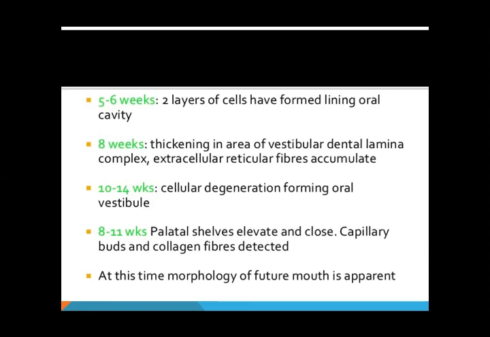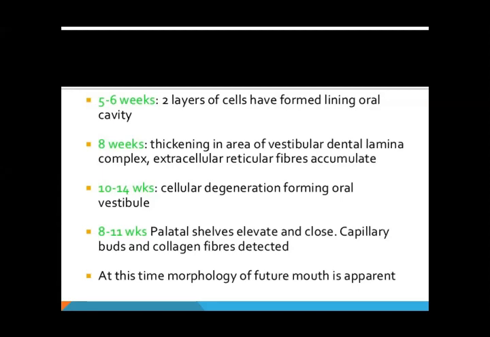So at 5 to 6 weeks, 2 layers of cells have formed lining the oral cavity; at 8 weeks, thickening in the area of the vestibular dental lamina complex with accumulation of extracellular reticular fibers; and at 10 to 14 weeks, cellular degeneration forming the oral vestibule.